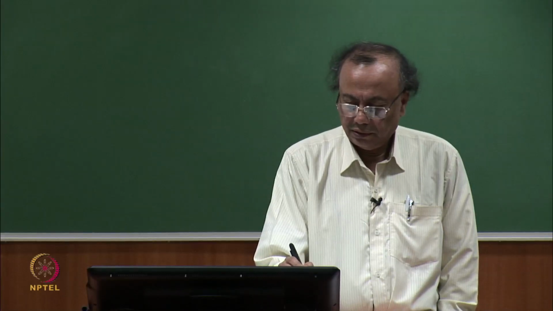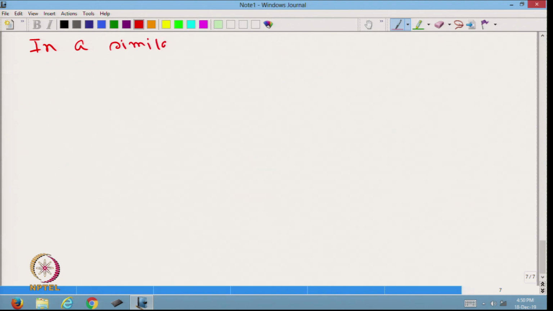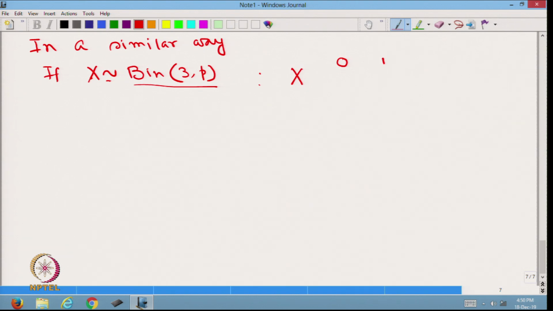In a similar way, if x is following binomial(3, p), this notation I will use to denote that x is a random variable which is following this distribution, then x has the following values 0, 1, 2 and 3, and the corresponding probabilities are q to the power 3, 3 q square p, 3 q p square and p cube.